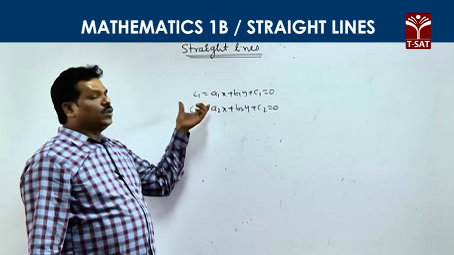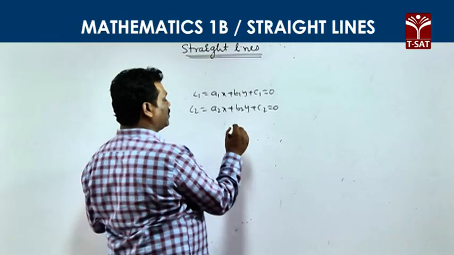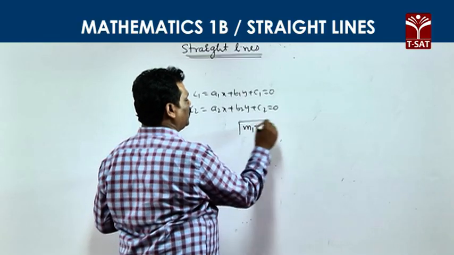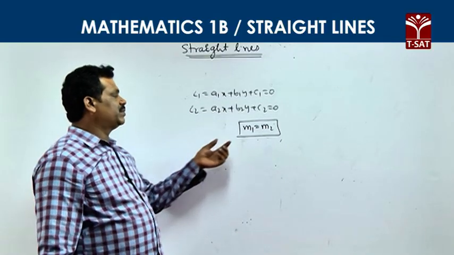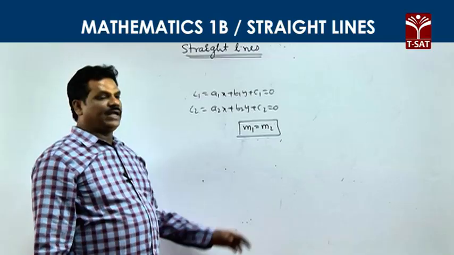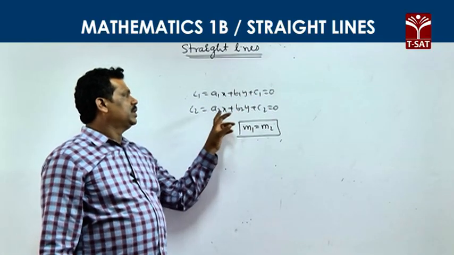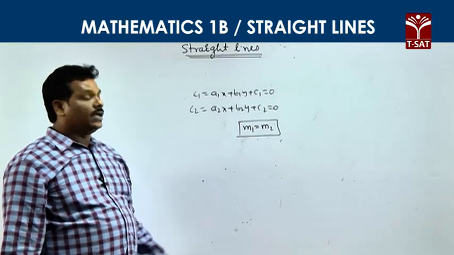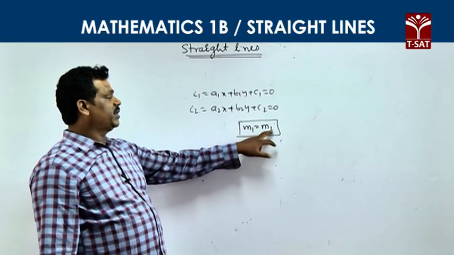Given these two lines are parallel, the condition for parallel lines is slope m1 equal to m2. Two lines are parallel if and only if their slopes are equal. What is m1? Slope of first line. What is m2? Slope of second line.